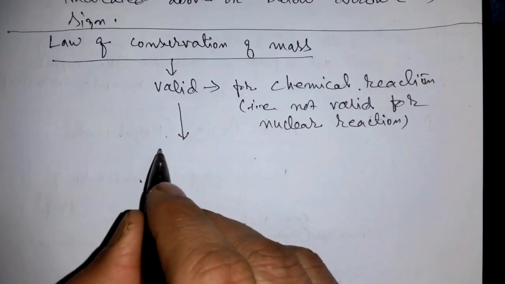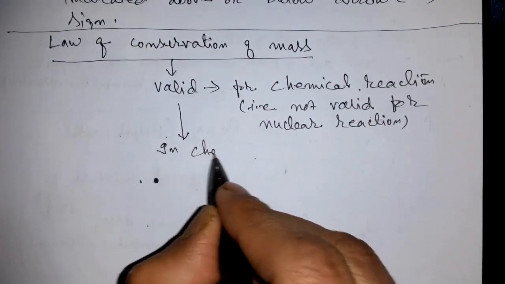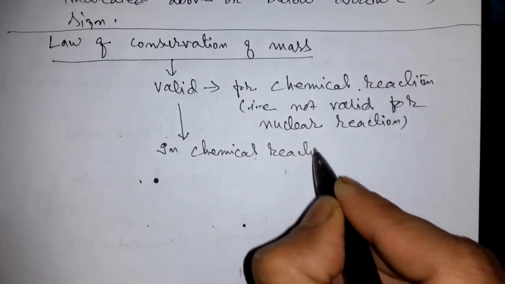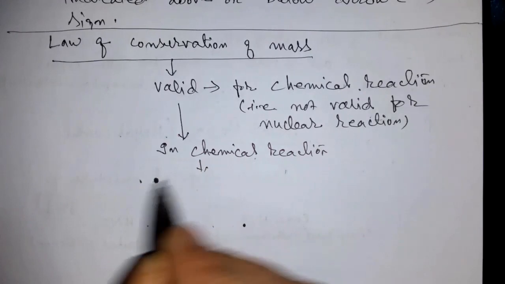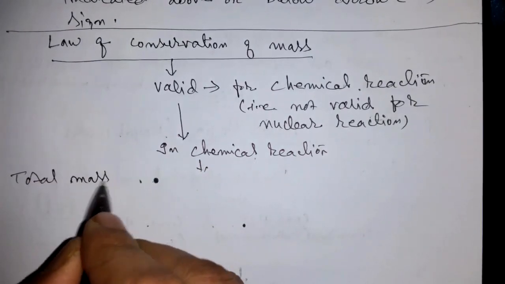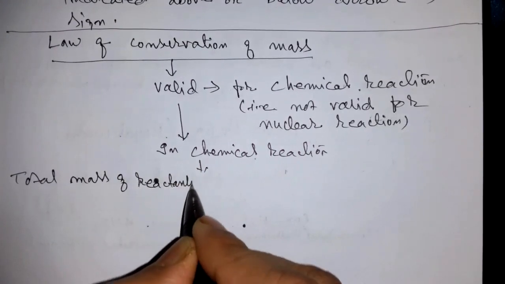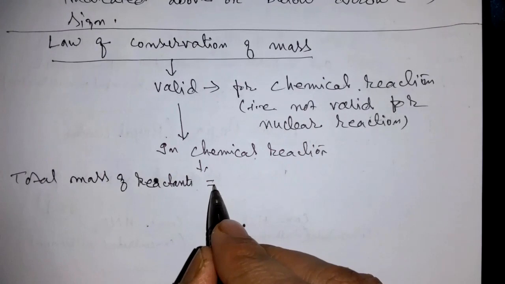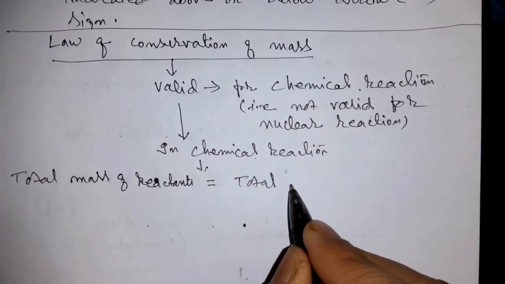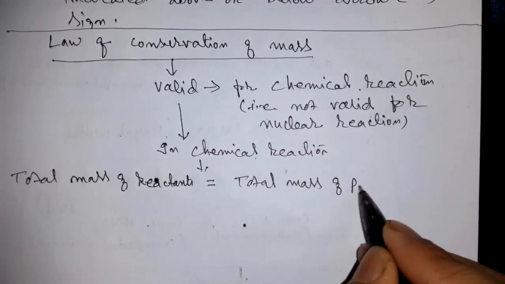So as per this law, in a chemical reaction, the total mass of reactant must be equal to the total mass of product.